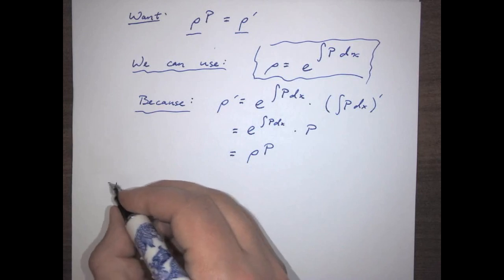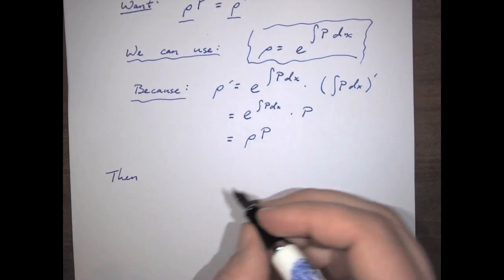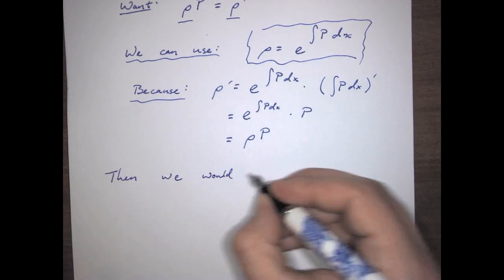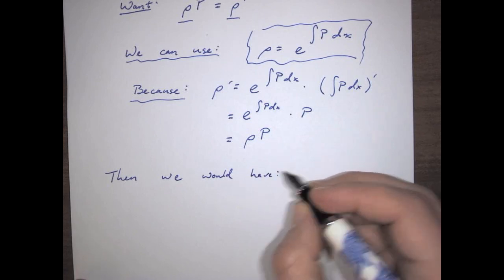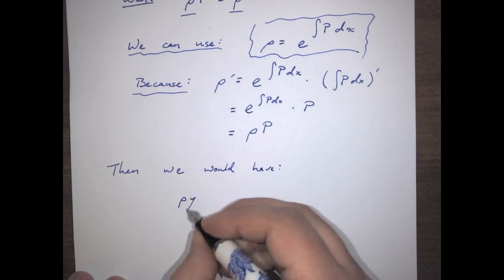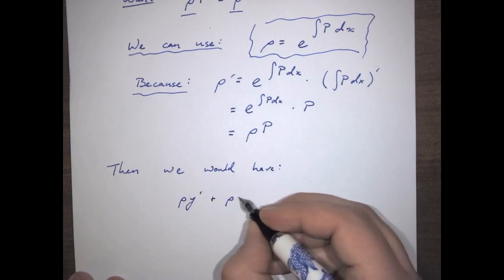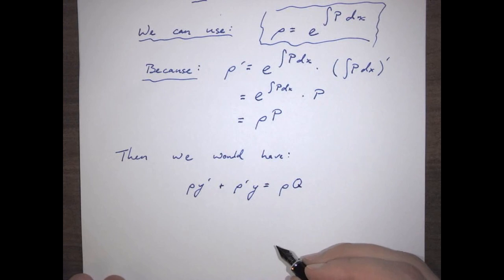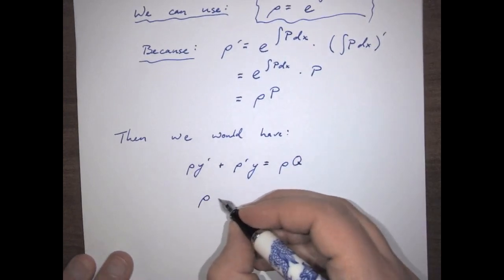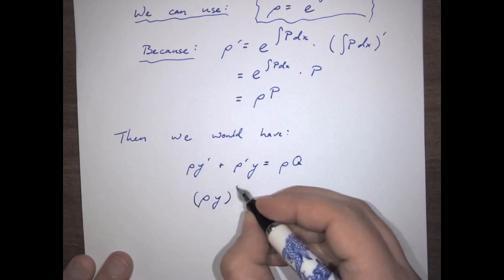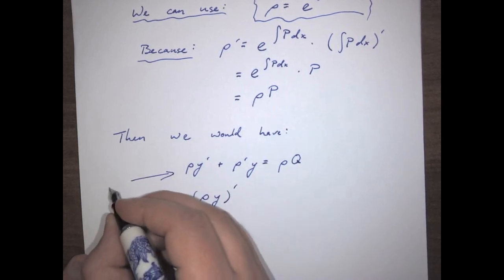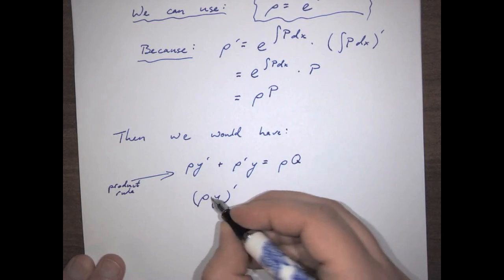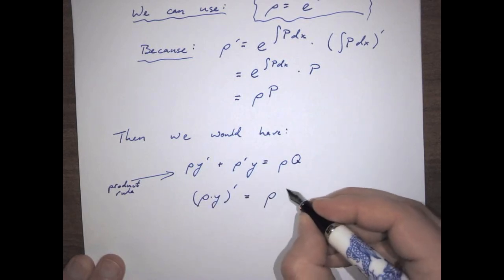Then, going back to the original equation, we would have rho y prime plus rho prime y is equal to rho q, which means that what we have here is rho times y, all primed, because this now is the product rule, is equal to rho q.